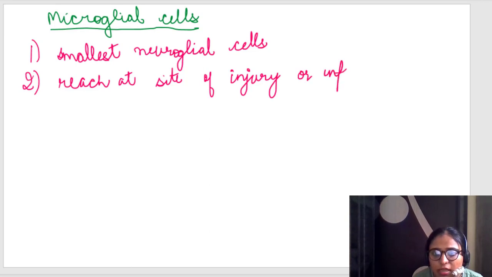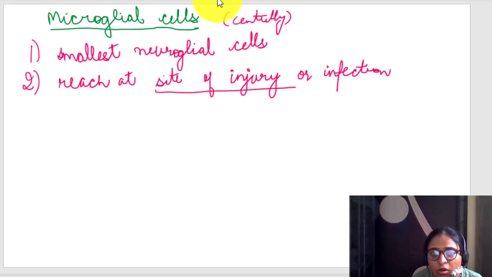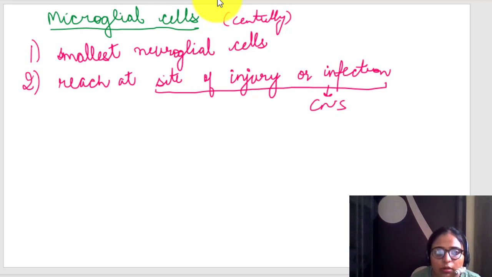And the site I am talking about here is, see, microglial cells are present centrally, right? Means in the central nervous system. So wherever the injury or infection occurs in the central nervous system, the microglial cells reach there. Fine. What do they do there? Let's talk about the function of the microglial cells.